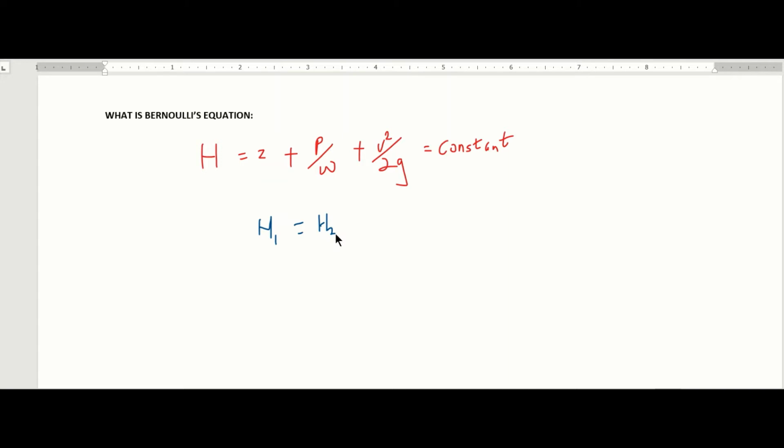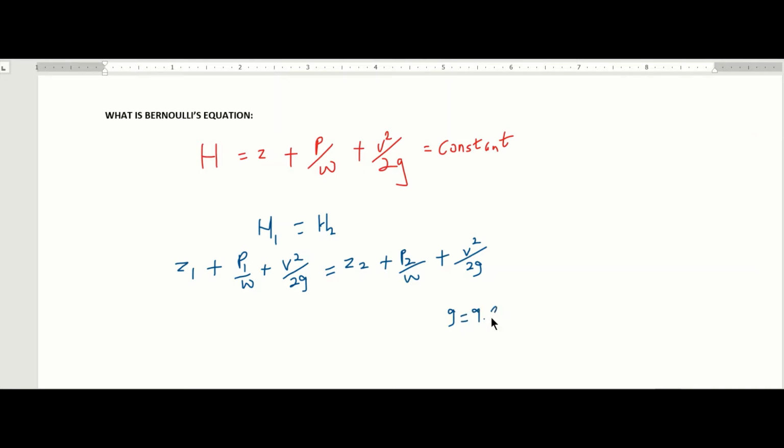So our energy at point 1 becomes Z1 plus the pressure at the entrance over the specific weight of the substance plus the velocity at which the fluid enters over 2 times gravity is equal to Z2, which is the height above the datum level at section 2, plus the pressure at which the fluid leaves the system over the specific weight of the same fluid, plus the velocity at which the fluid leaves the system over 2 times g.